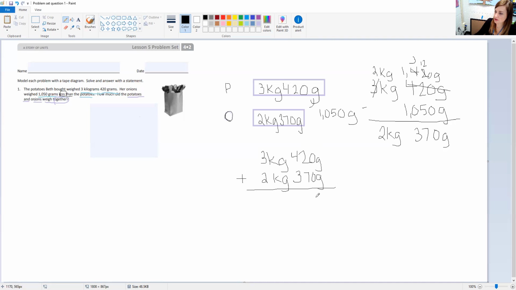So we can do 0 plus 0 is 0, and 7 plus 2 is 9, 4 plus 3 is 7, and that's the grams. And then we can add our kilograms. So 3 plus 2 is 5. So I have 5 kilograms, 970 grams. So that answered the question of how much did the potatoes and onions weigh together?